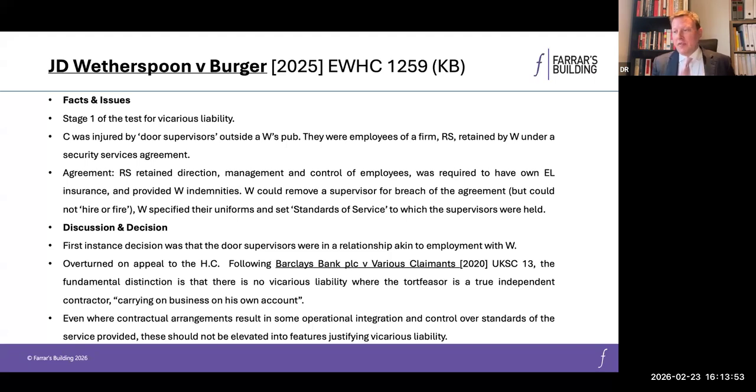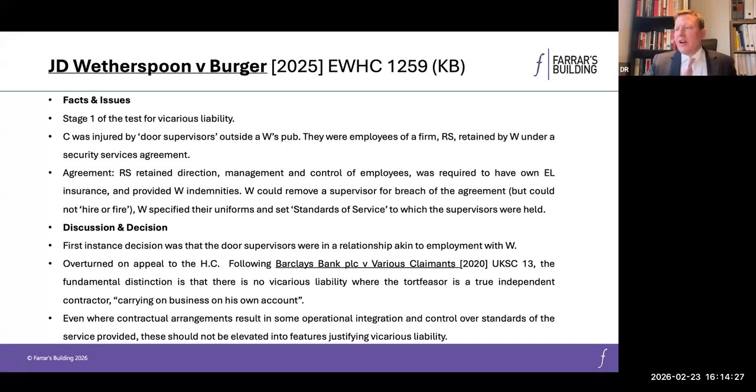And the factors that had been relied upon by the first instance judge indicated interaction and control by Wetherspoons on site, telling the door supervisors what they want to happen, but they were more accurately to be found to be factors that were consistent with a business engaging a specialist independent contractor to perform specialist services at the business's premises, but dictating the way in which they wanted it done to the extent that it had to meet a certain quality.